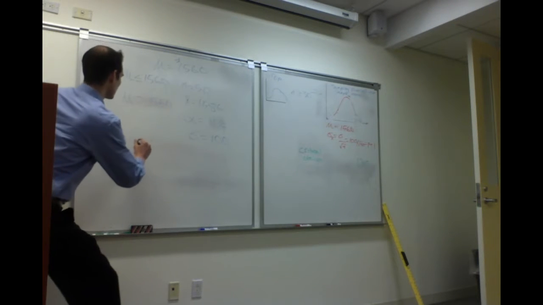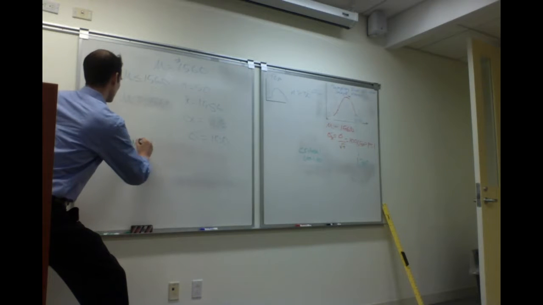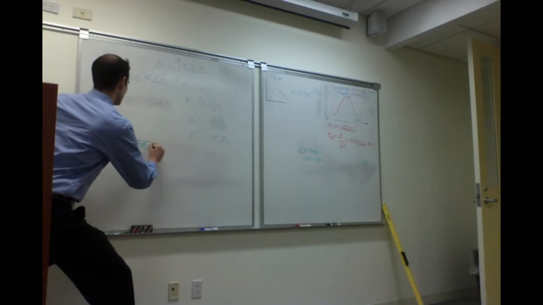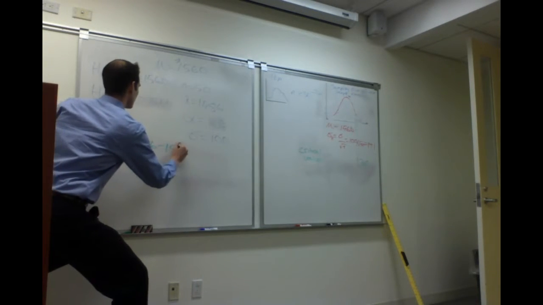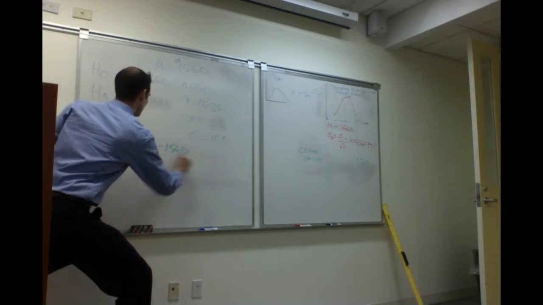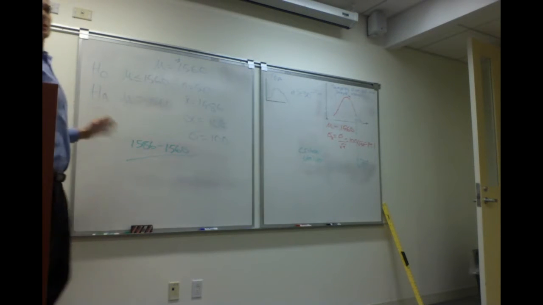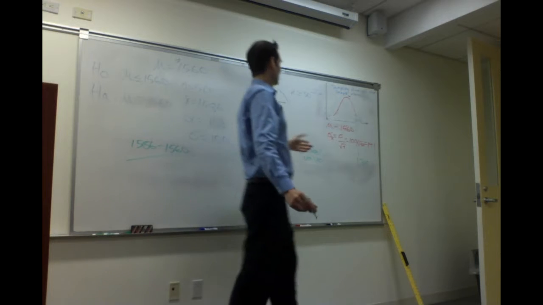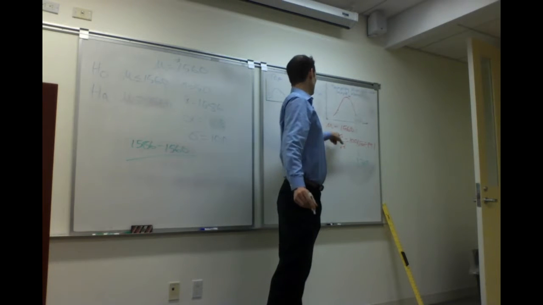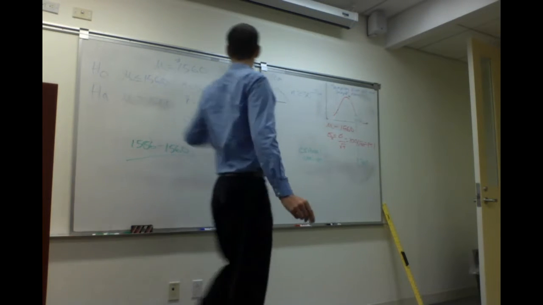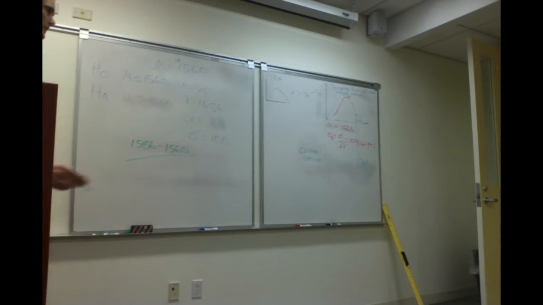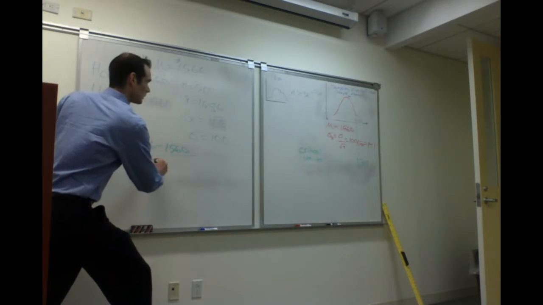So we've got 1586 minus 1560 divided by the standard deviation. The standard deviation doesn't change. It is the population standard deviation divided by the square root of n, which is the same as our example last time, 14.1.